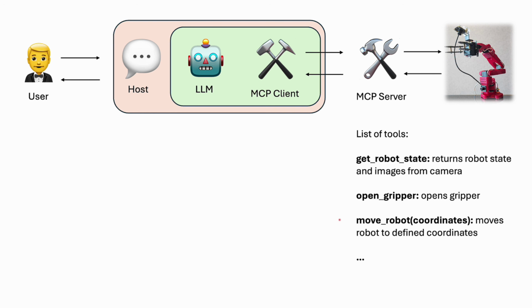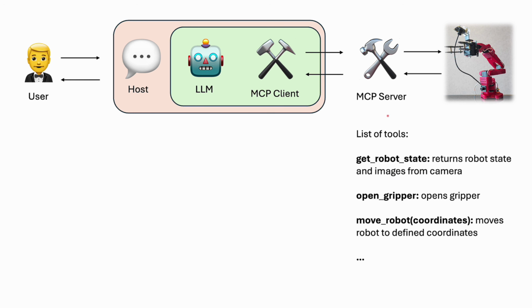So we implement different tools that can control our robot, like get robot state, open gripper, move robot somewhere, and so on. And by wrapping these functions into an MCP server, we allow any LLM, any client, any host that supports MCP to use these tools. What we need to do is set up the connection between the MCP server and the MCP client, and that's it. Everything else will happen automatically.